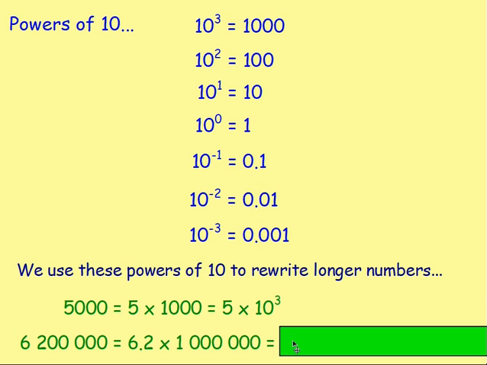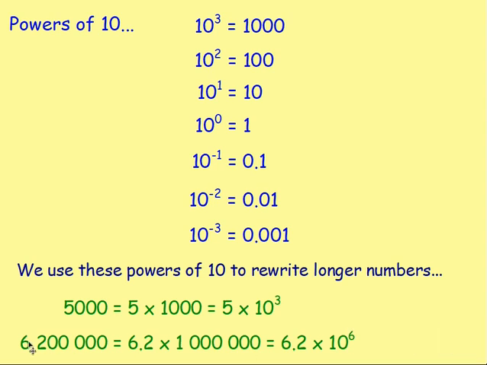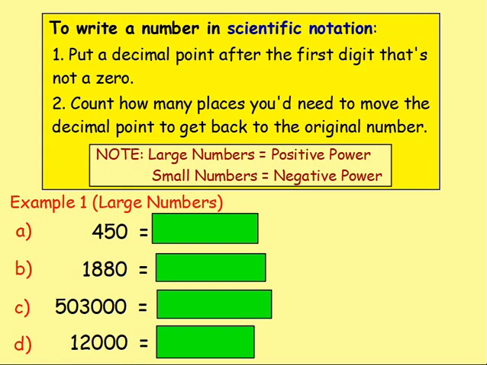So the 6.2 you can leave as 6.2, but how do you write a million as a power of 10? Does anybody know what that would be? Yes. What are you thinking, Arthur? Oh, you're right. Yes, it is 10 to the power of 6. So you could write 6,200,000 as 6.2 million, and then a million is 10 to the power of 6, so it's 6.2 times 10 to the power of 6. That is what we're going to be doing.